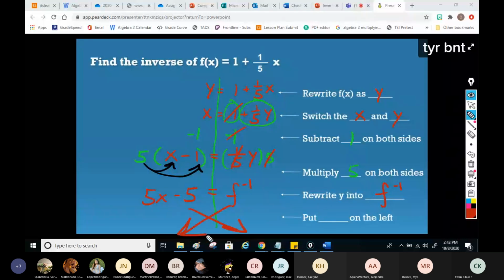So just swap places, put the inverse on the left. Put the inverse on the left, and then 5x minus 5 on the right. And that is your final answer. So that is your final answer. The inverse equals 5x minus 5.